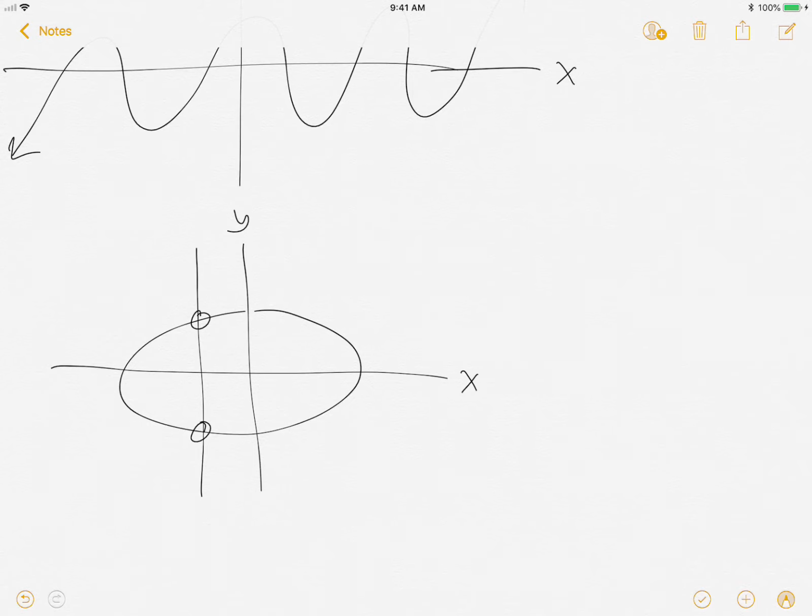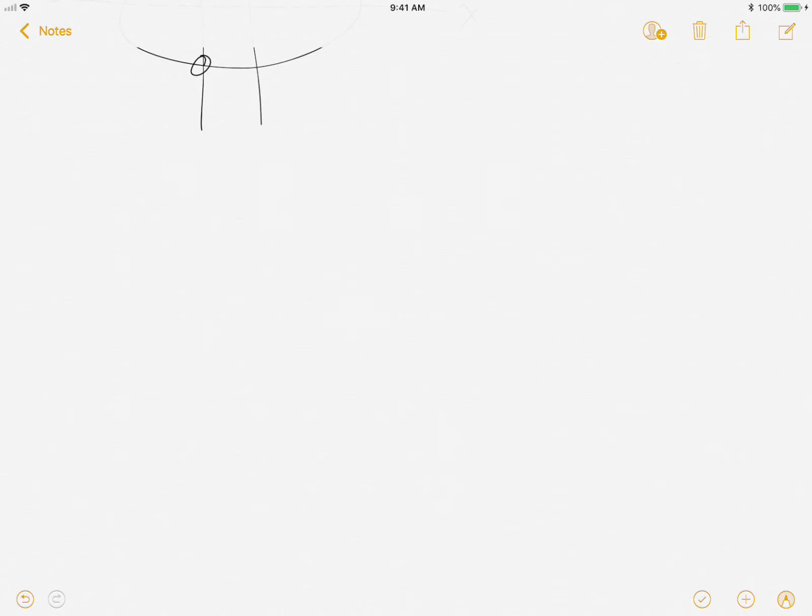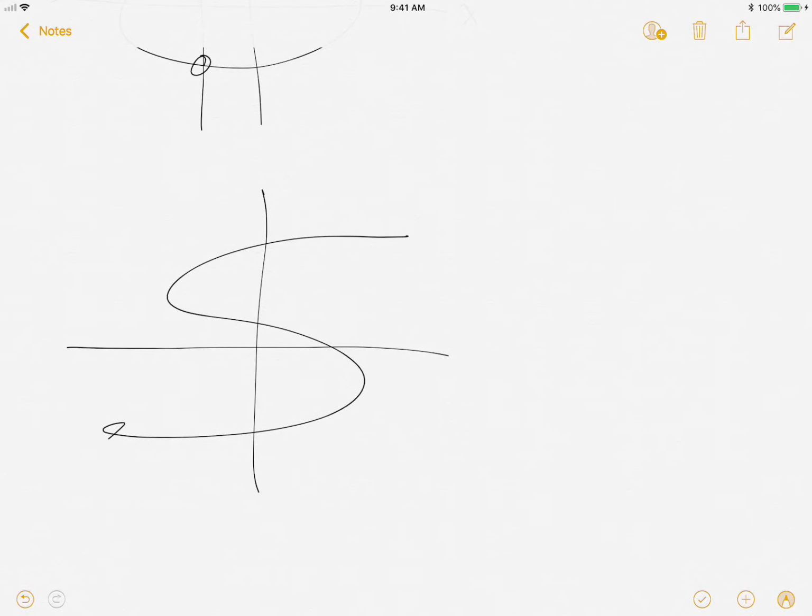There's an example of a vertical line intersecting more than one place. Here's another example. Function or not? It's not. It intersects the graph at more than one place.